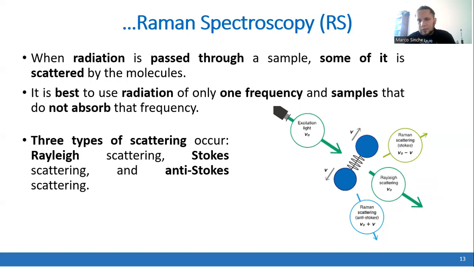So when it interacts with the molecules of the sample, three possibilities are shown. In the case that the collisions are elastic, the energy will not change, and in that case we have the so-called Rayleigh scattering.